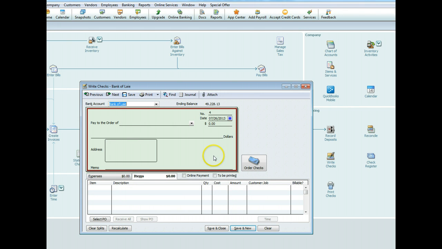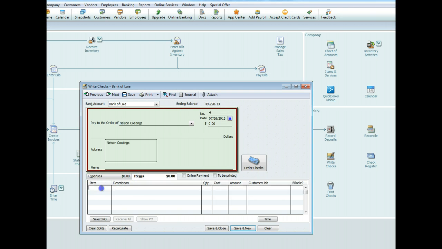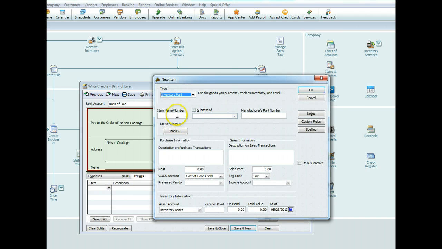This time we're going to write check number 4. Okay, quick add. And this is going to be the non-skid coating.